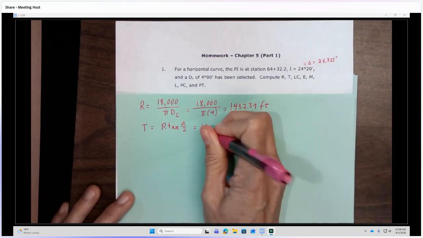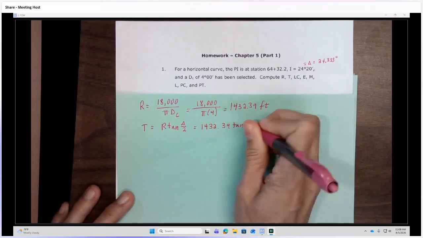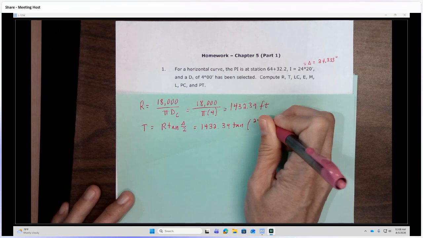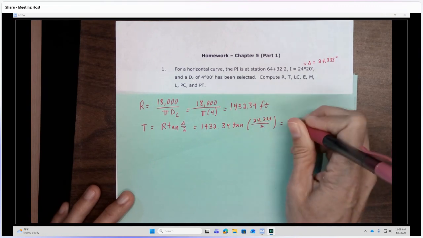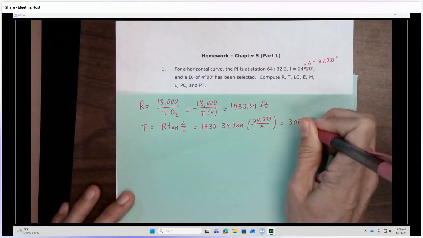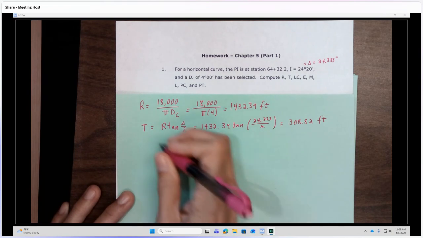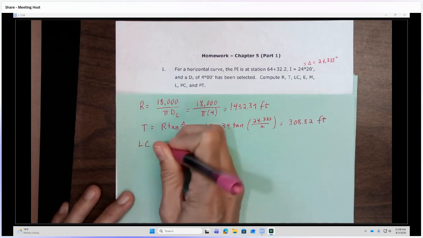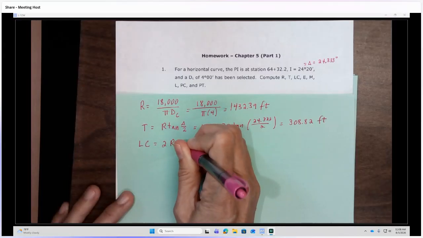So 1432.39 times the tangent of 24.333 over 2, and that's 308.82 feet.